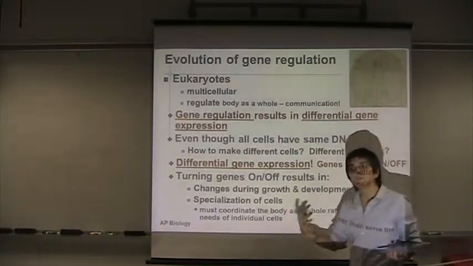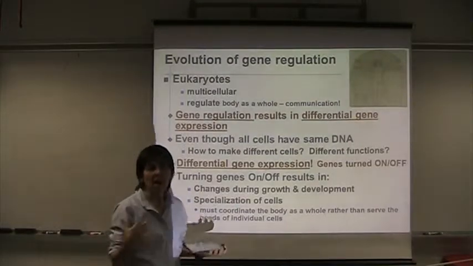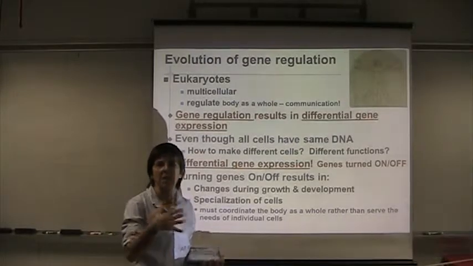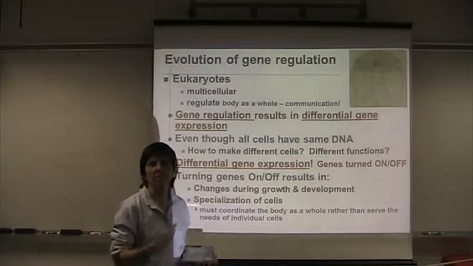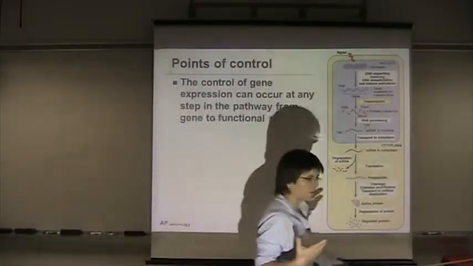And sometimes your cells have to deal with conflicting messages, and using those messages, they prioritize, and that's how they are able to turn genes on and off. So that's what I want to go over now.